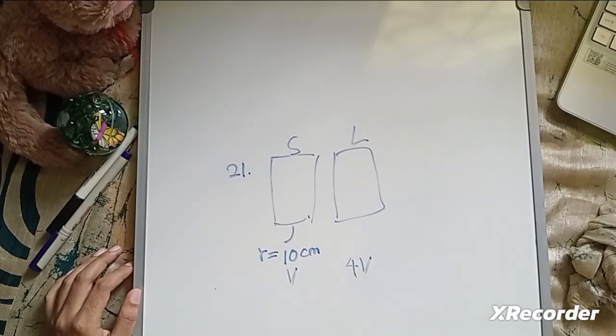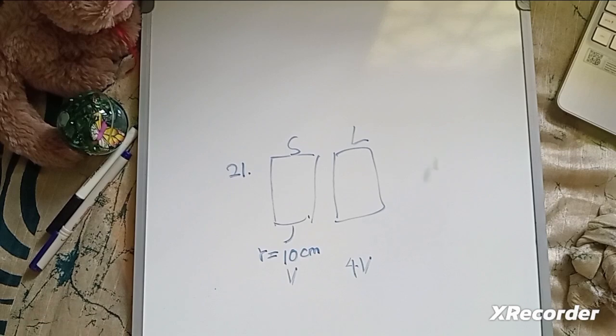Find the base radius of the larger cylinder. The volume of a right circular cylinder of base radius r and height h is pi r squared h. So they have given the equation for finding the volume of a right cylinder.